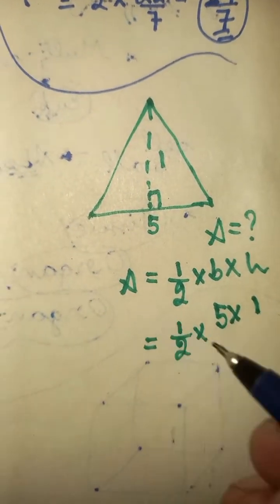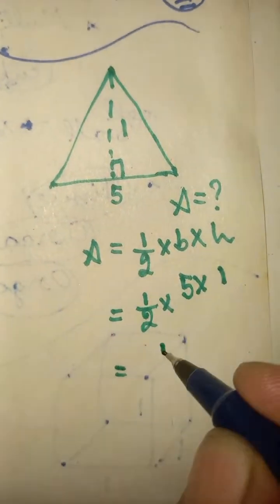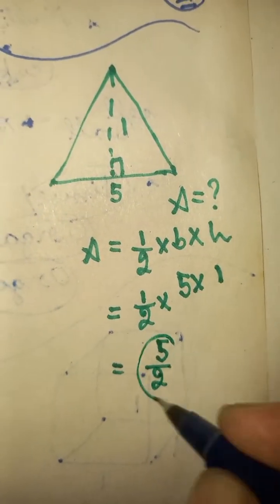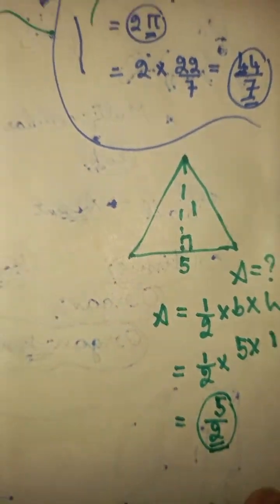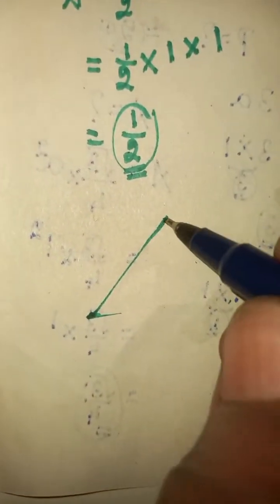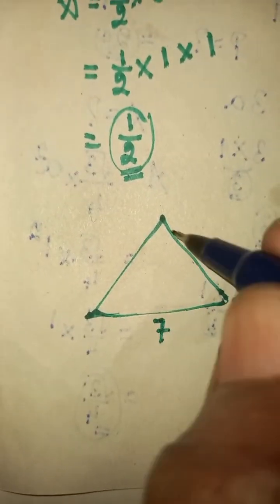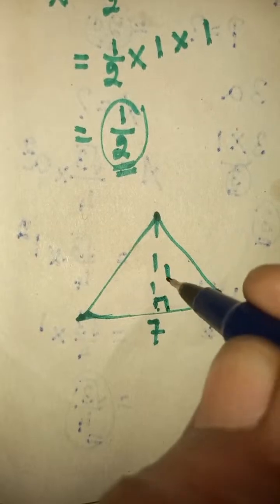You cannot divide 2 and 5, so in the numerator 5 times 1 is 5, and 5 by 2 square units is the area of the triangle. Let's take one more triangle. Now they have given the base length as 7 units and the perpendicular height as 1 unit.